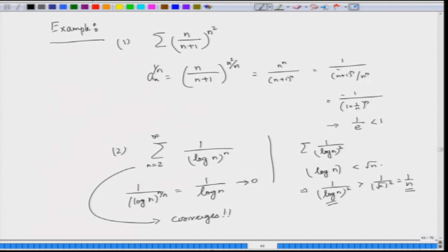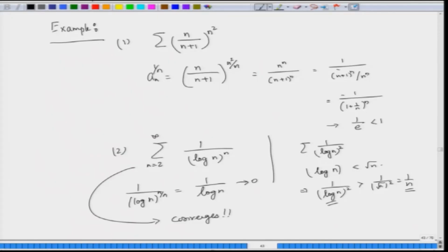Easily you can show that 1 over (log n) to the power any fixed k is a divergent series, but when you take 1 over (log n) to the power n, that becomes a convergent series. So, we will describe some more tests where we can determine whether a series is convergent or divergent in the next lecture. Thank you.